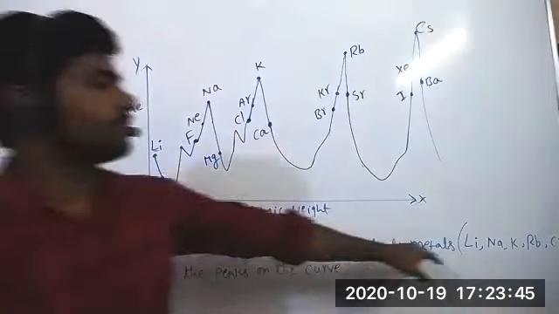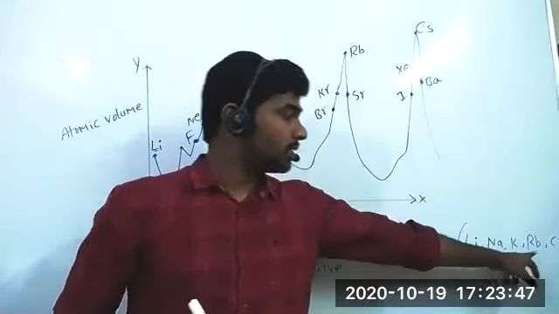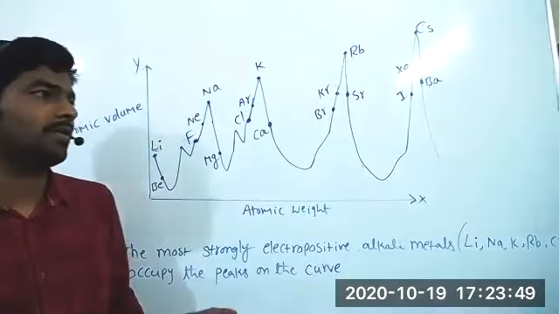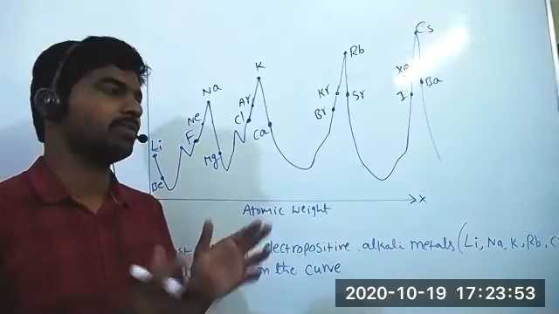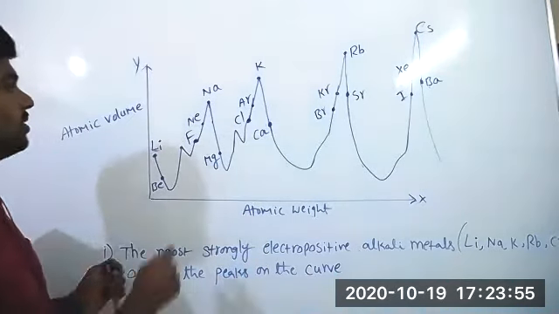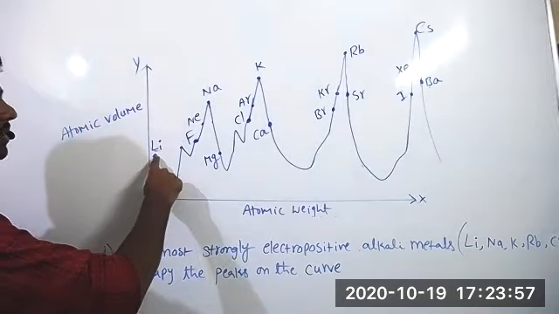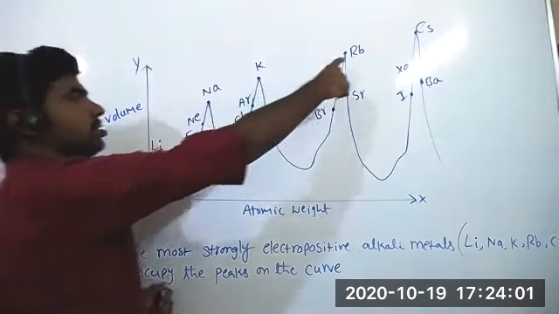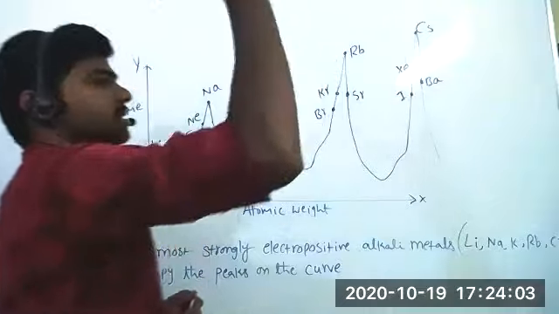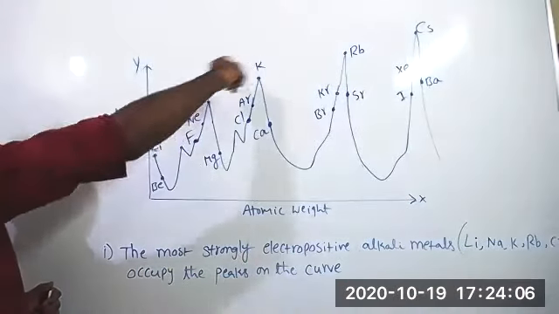These elements are highly electropositive metals, meaning they have a very big size also. That's why these elements occupy the peaks of the curve. Lithium, sodium, potassium, rubidium, cesium have very big size, that's why they occupy higher positions of the peak.